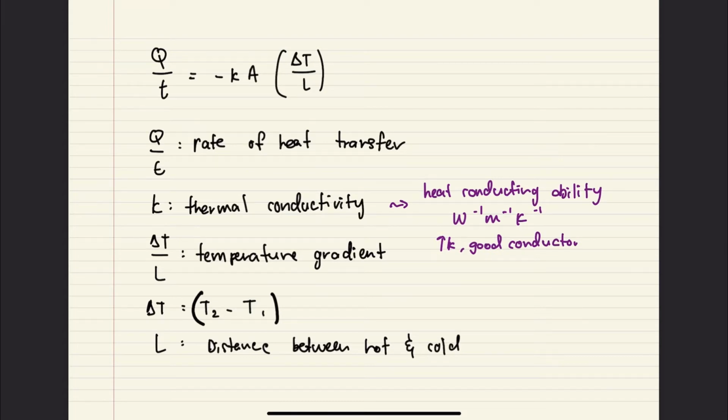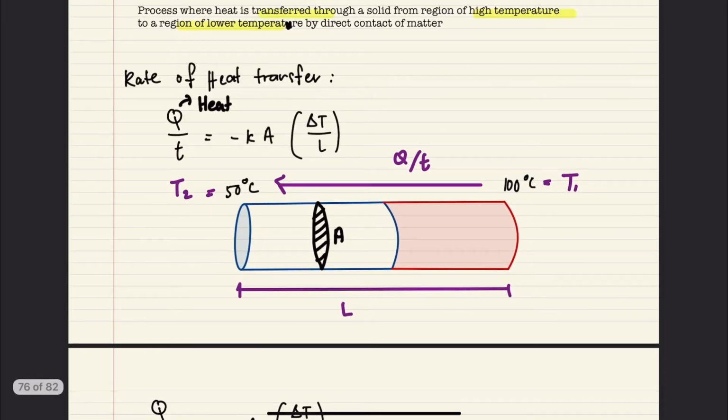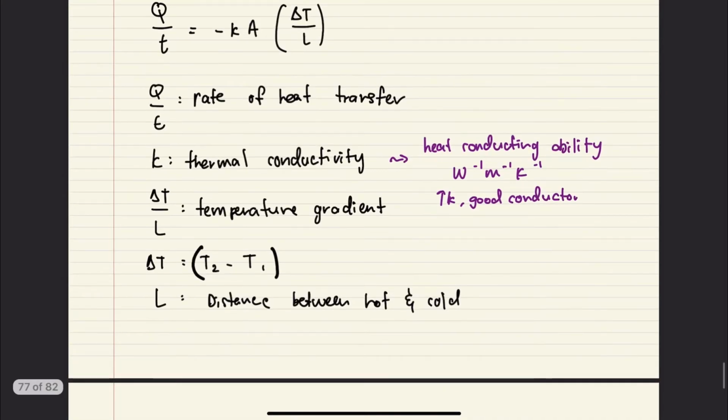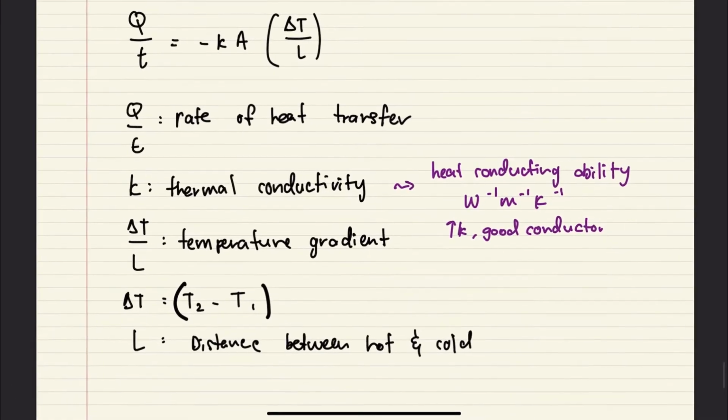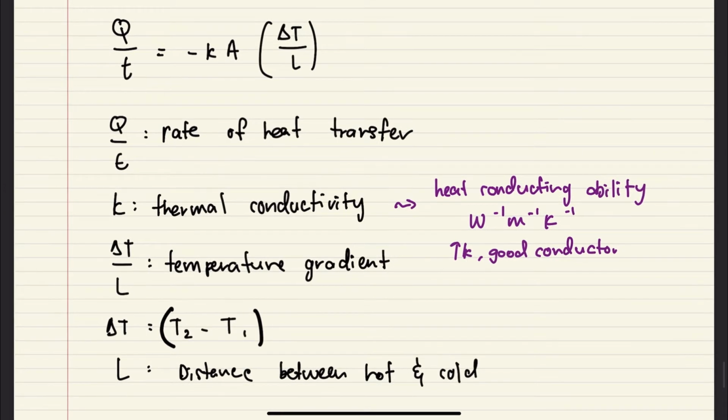And then you have K. K here is the thermal conductivity. So K is basically determined by the type of object. For example, different materials like steel, or maybe nickel or glass, have different values of K. So higher thermal conductivity means that it is easier to transfer heat.